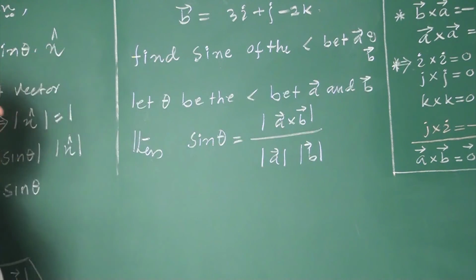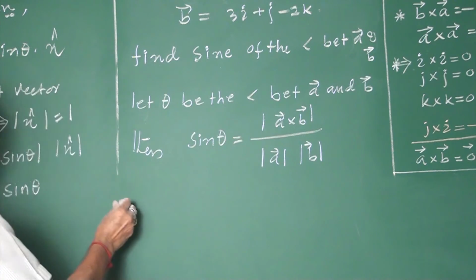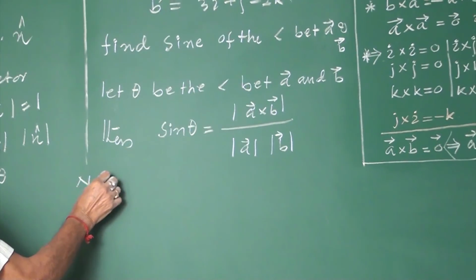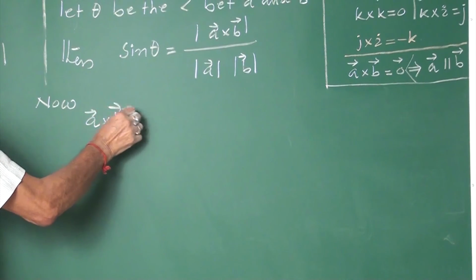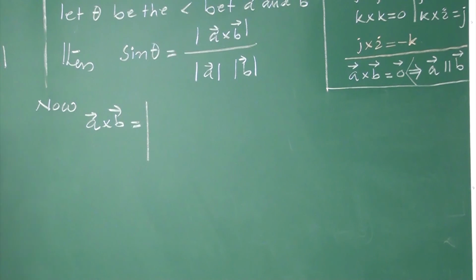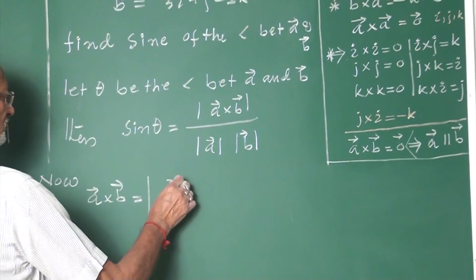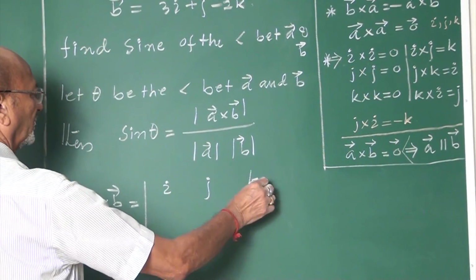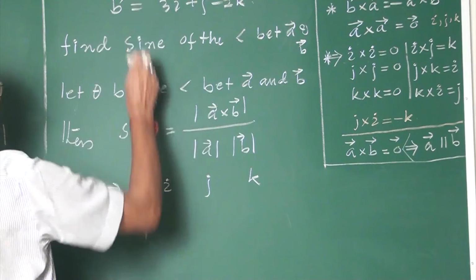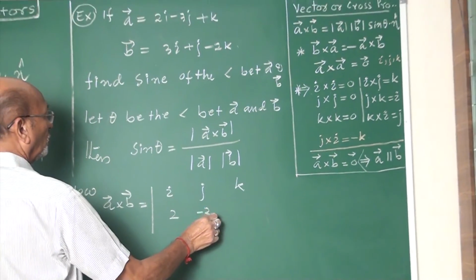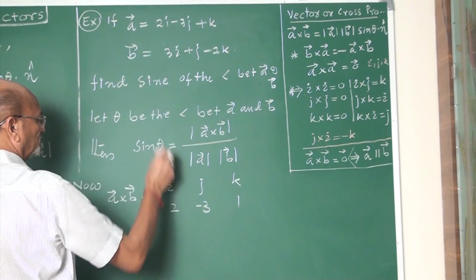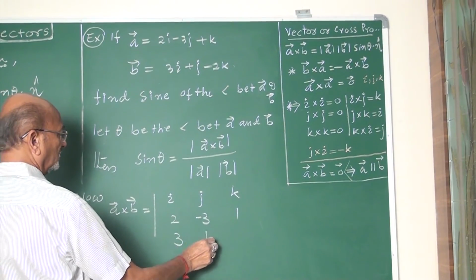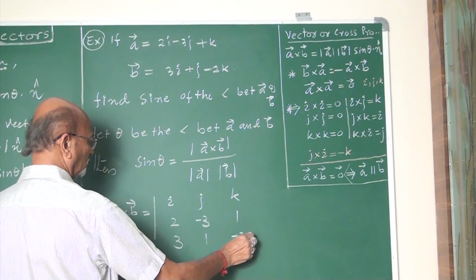Now we have to find first A cross B. Determinant: first row, unit vectors i, j, k. Components of the first factor 2, minus 3, 1. Scalar components of the second factor 3, 1, minus 2.